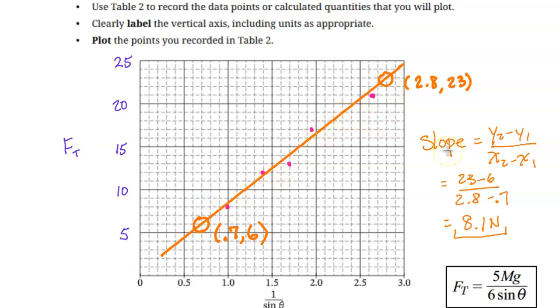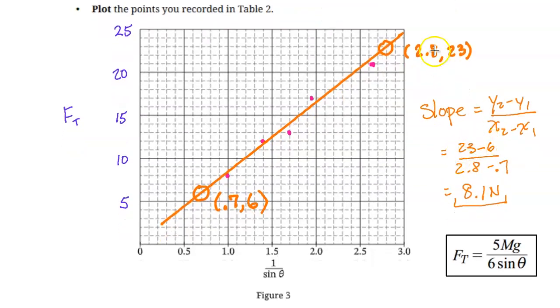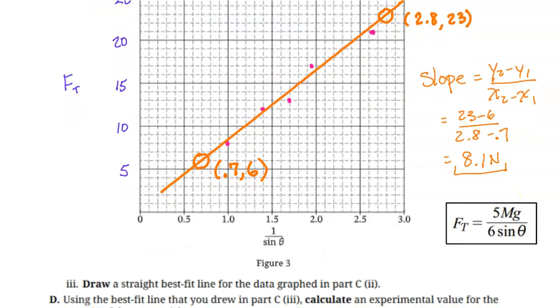Then for the slope, we're going to use y2 minus y1 divided by x2 minus x1. You could also use rise over run as long as you do it correctly. Then we substitute the coordinates into the x and the y, evaluate this, and we get 8.1 newtons.